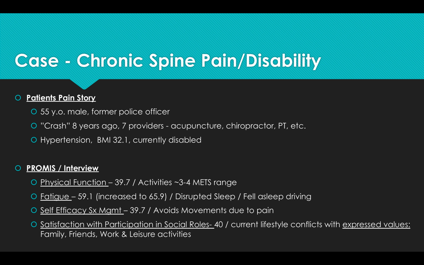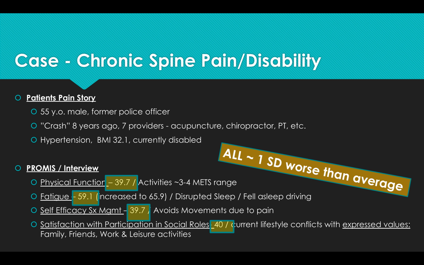A good example is the 55-year-old male former police officer that was involved in a crash about 8 years ago, had seen 7 providers, including an acupuncturist, chiropractor, and a PT, also developed hypertension, gained weight, and was currently considered disabled. His PROMIS scores on the physical function, fatigue, self-efficacy of symptom management, and satisfaction with social roles were all a standard deviation worse than normal.